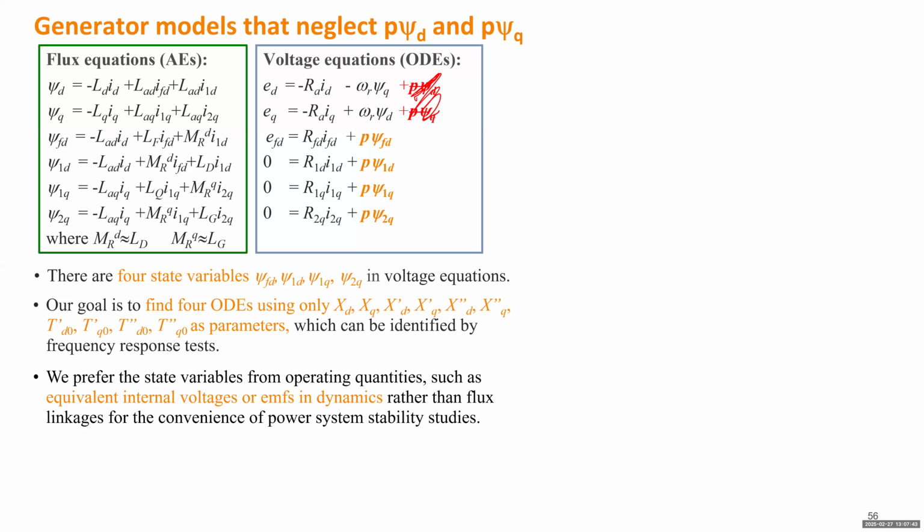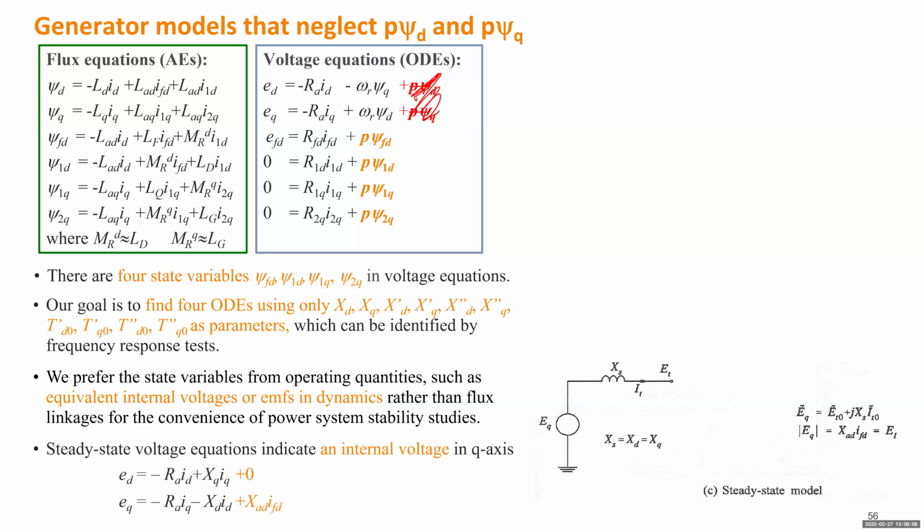It's not that clear. So we want to introduce some useful state variables which come from operating quantities. Operating quantities mean any quantity the operator or planning engineer will utilize to understand the system condition, like voltage, current, power, and also frequency. Those are operating quantities.